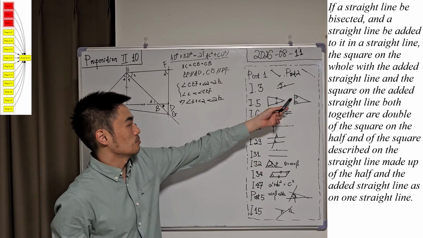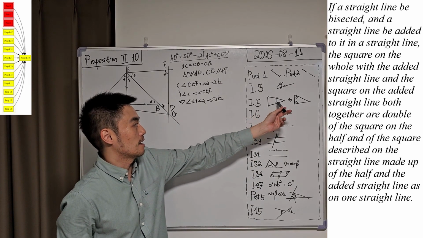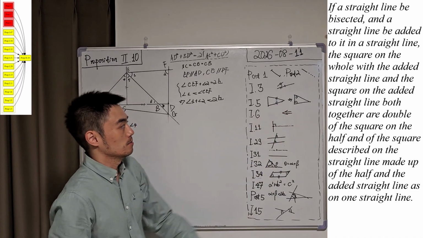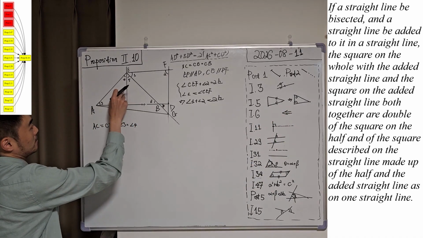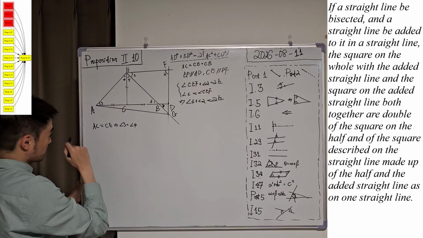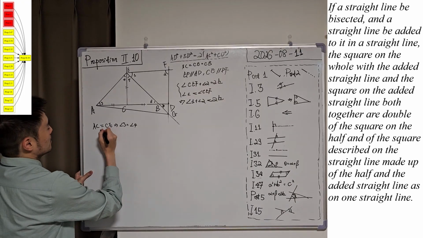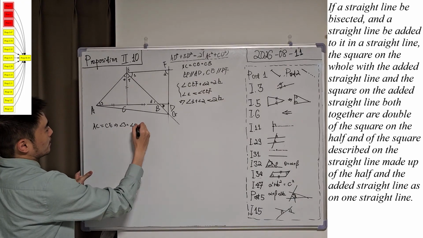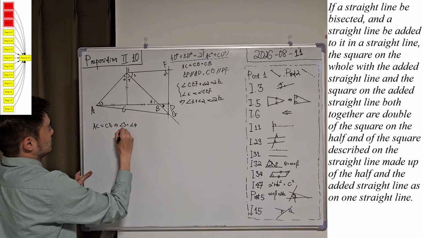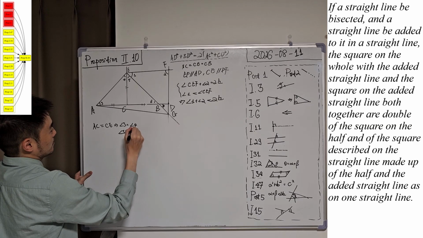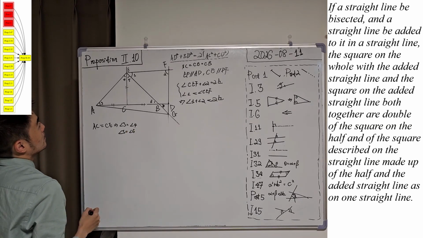Okay, the two angles on the base of an isosceles triangle are equal. Correct? They are equal. Isosceles triangle, so they are equal. And similarly, we can conclude that angle 5 is equal to angle 6. Correct?